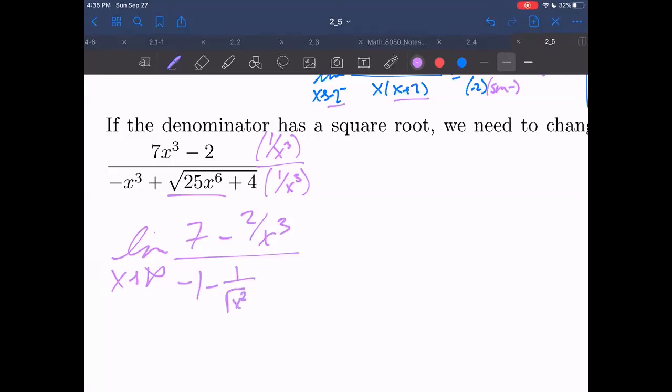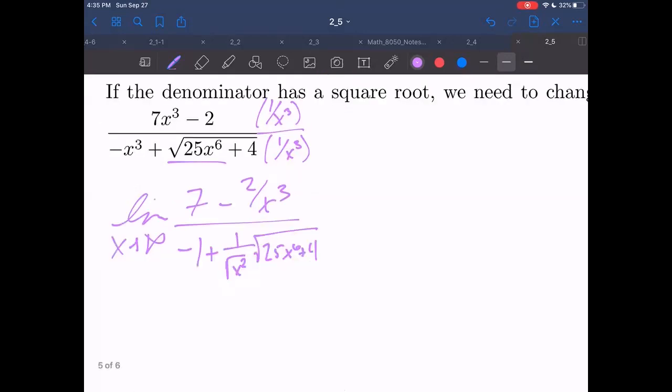So that's the same as just saying 1 over x, divided by 25x to the 6 plus 4. Oh, that should be a positive.